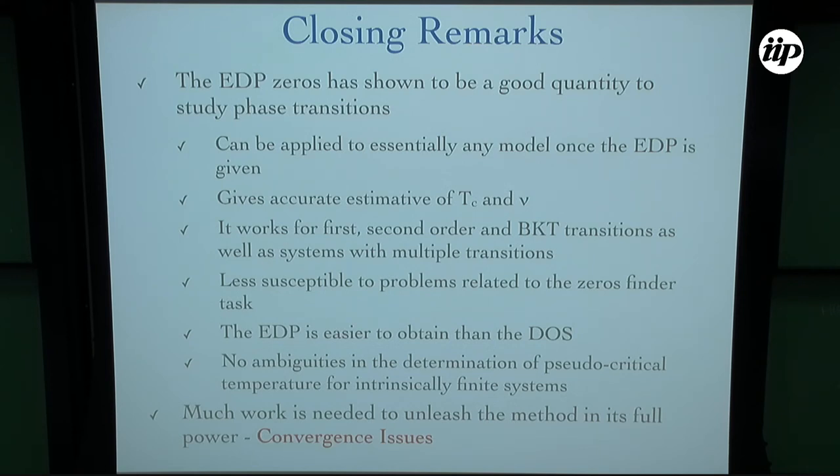The energy probability distribution is in many systems easier to obtain than the density of states, and you don't have ambiguities related to which quantity you are looking for.